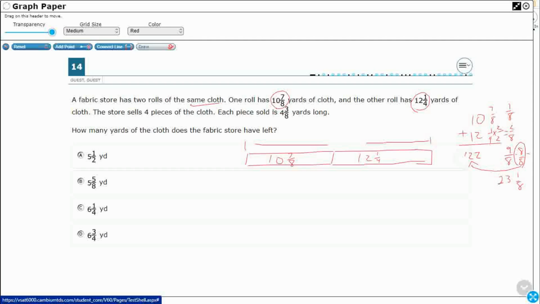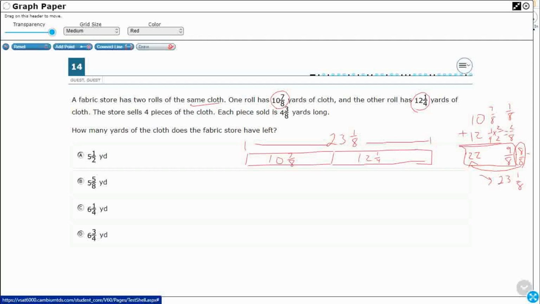But I'm going to leave it as 22 and 9/8, because something makes me think I'm going to need to regroup. So either one of these works: 22 and 9/8, or 23 and 1/8. You could take a full 8/8 out of those 9/8.